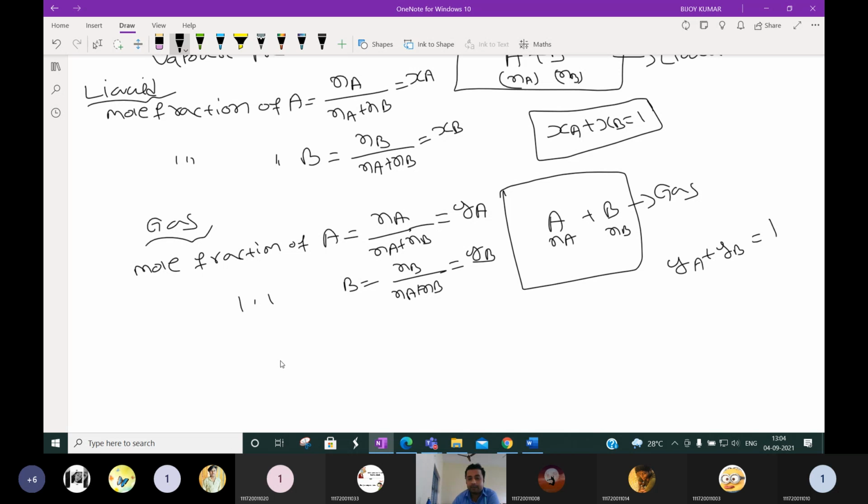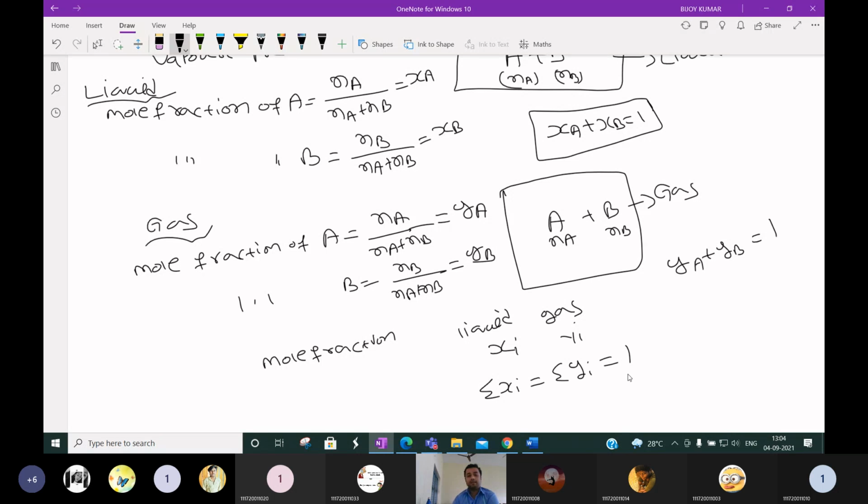Please remember, mole fraction in the liquid phase is represented by Xi, and in the gas phase by Yi, and always the summation of Xi equals the summation of Yi equals 1.